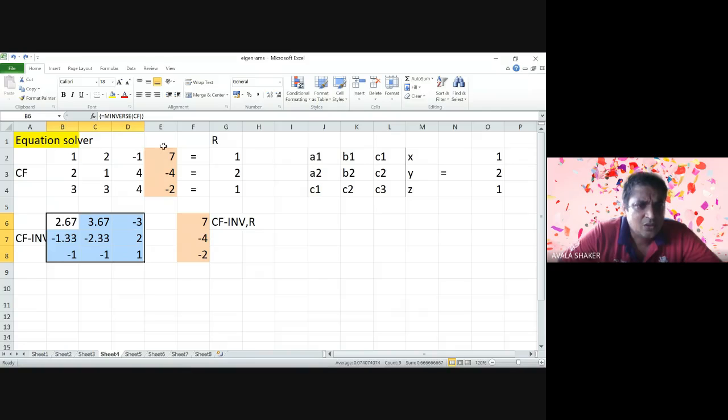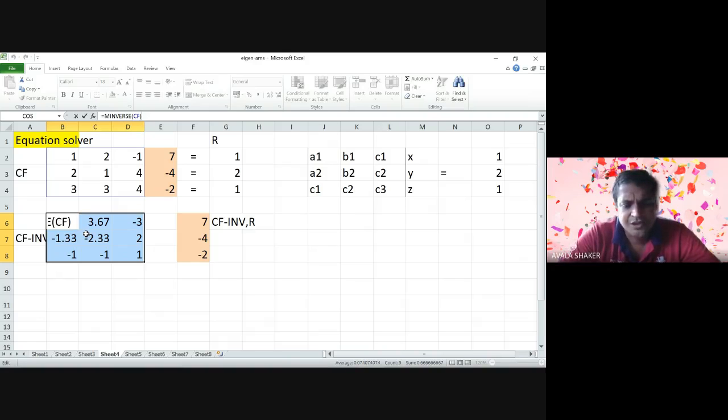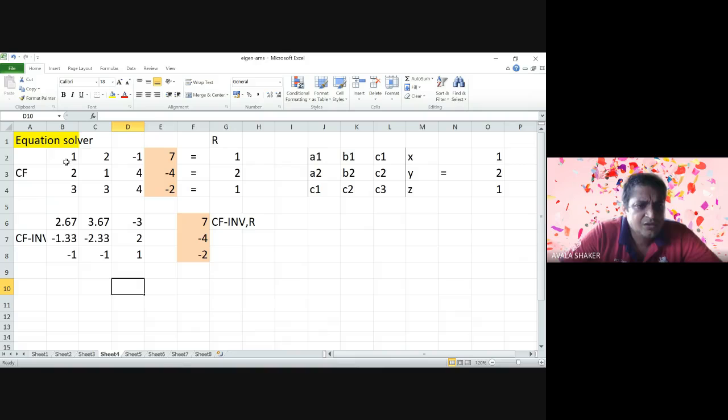I think I told you how we named this matrix last time. So we have given the matrix name as CF. Okay, so I select CF and Control Shift Enter. So this will give us the inverse of this.